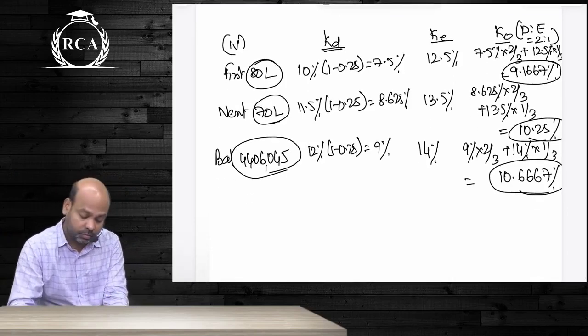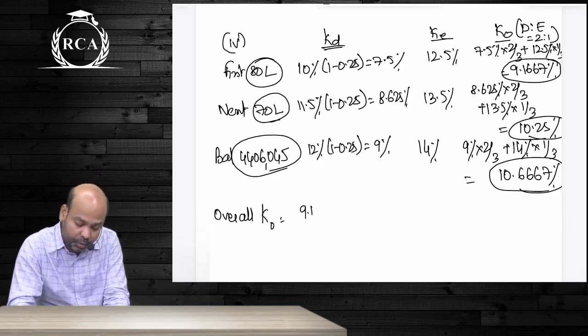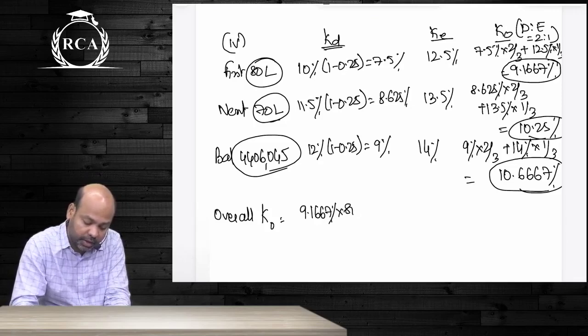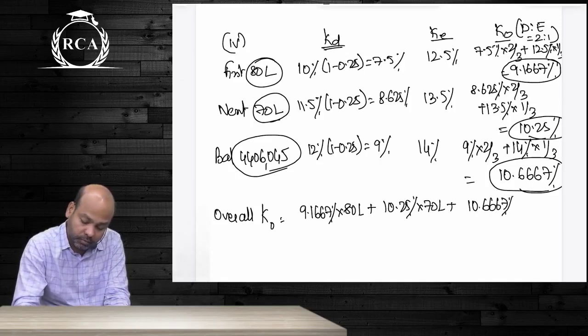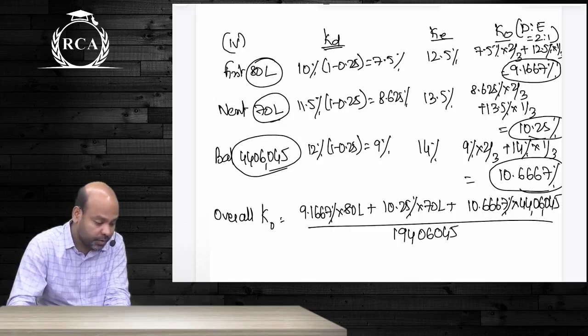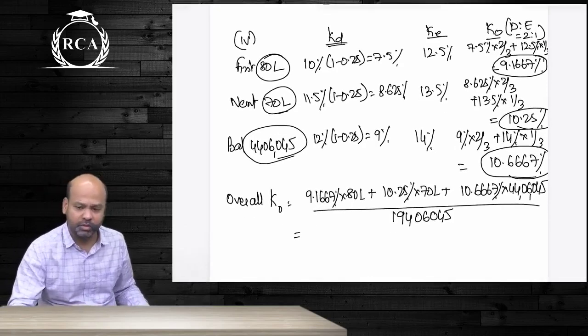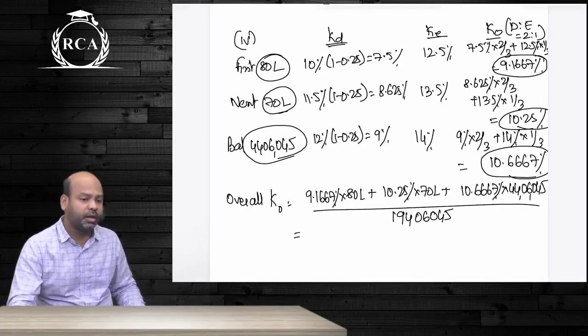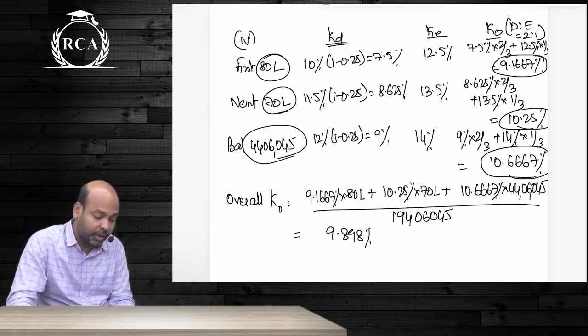Overall KO guys will be equal to that. आंसर मैच नहीं हुआ तो आंसर चेंज कर दो. 9.89898, that is equal to 9.9%.